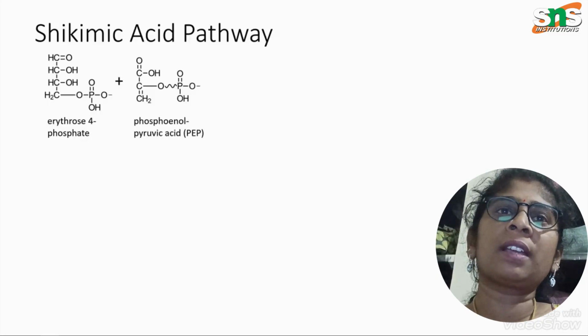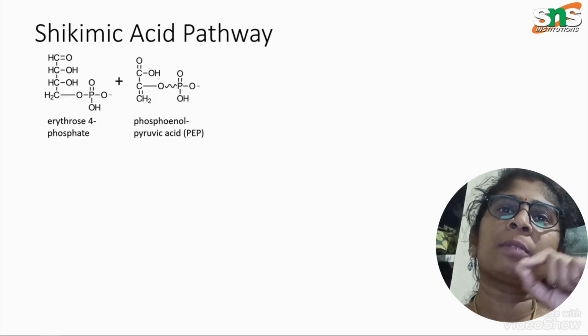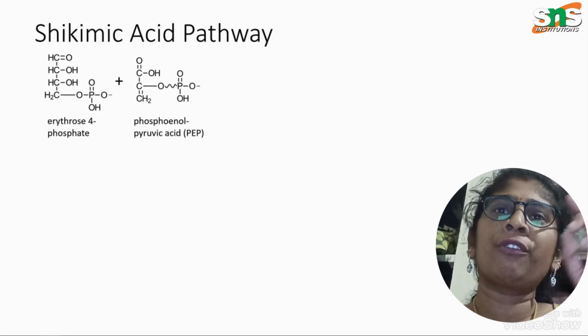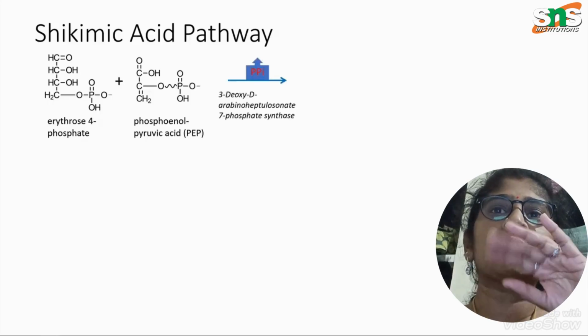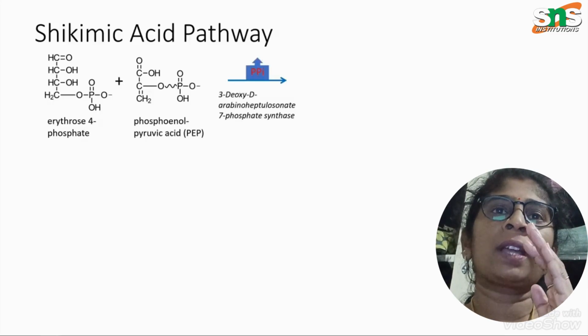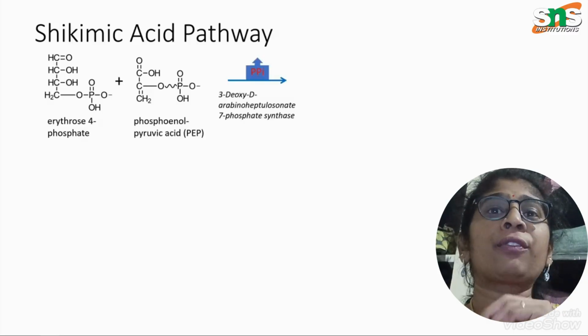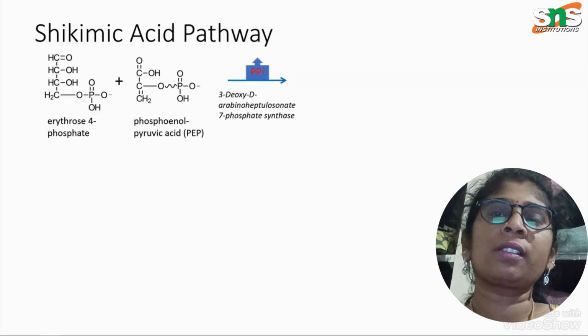Let's start with the basic idea. The Shikimic acid pathway is a metabolic pathway found in plants, bacteria, fungi, and algae, but not in animals. That's why it's such an interesting target for herbicides and antibiotics, because humans don't have it.